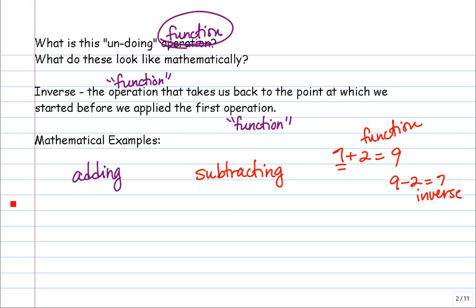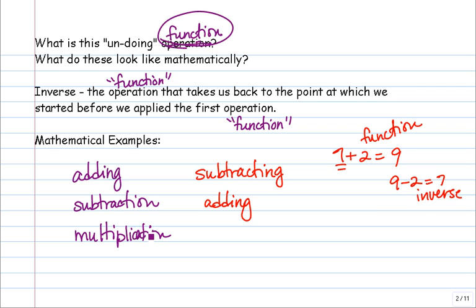What about another operation? Well, we can certainly reverse those, right? What if we start with subtraction? How can we undo that? Yeah, adding. What if we start with multiplication? How can we undo multiplication? So if I multiplied a number by 5, the way to undo that would be to what?